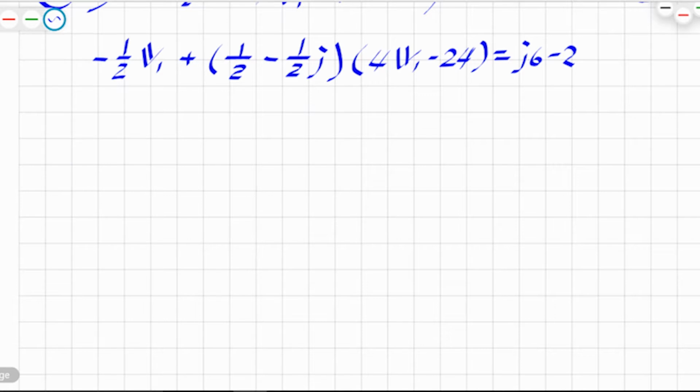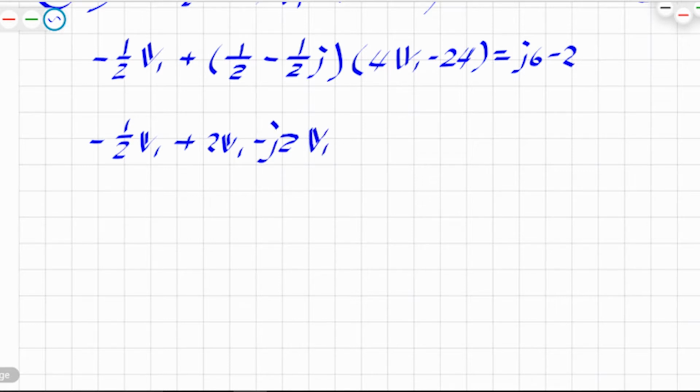So let's carry that. 1/2 of V1 plus, we're going to multiply that 4V1 times 1/2, that becomes 2V1. Then minus 2JV1.